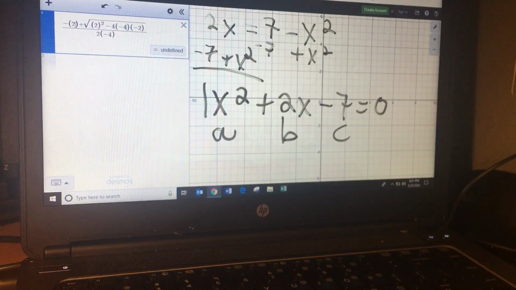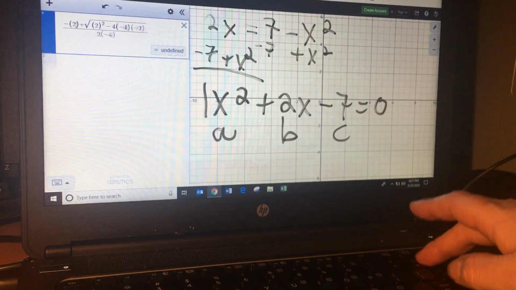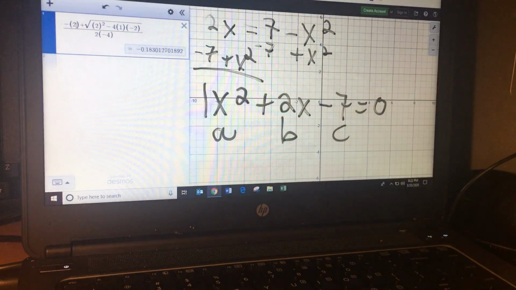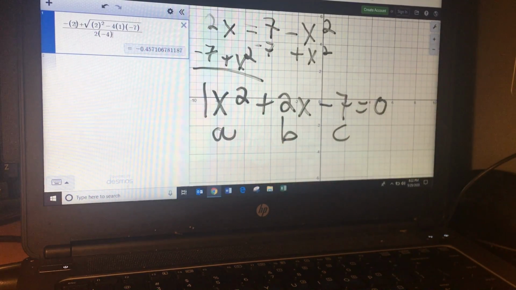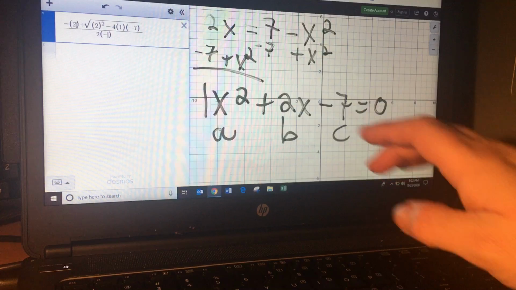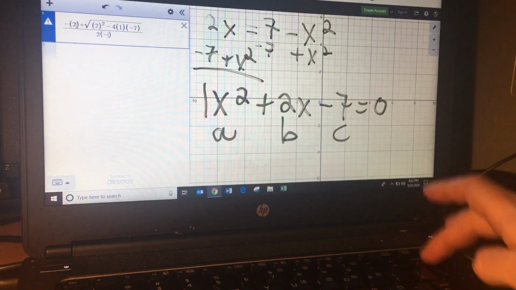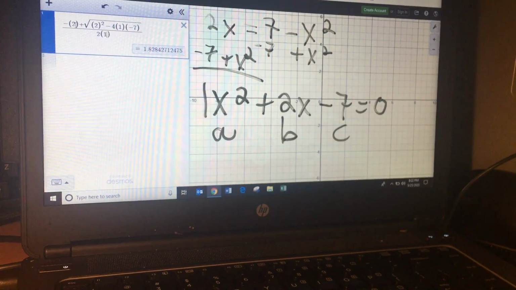So our A is 1, and our C is -7. And don't forget the bottom, A, which is 1. Okay, so we're going to get a decimal.